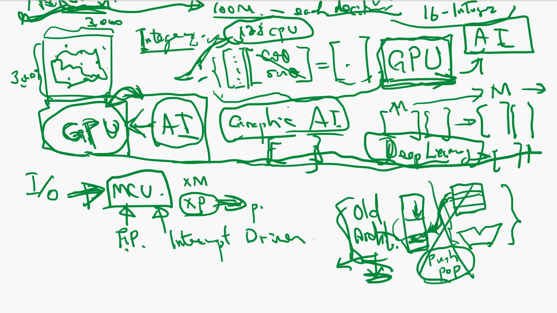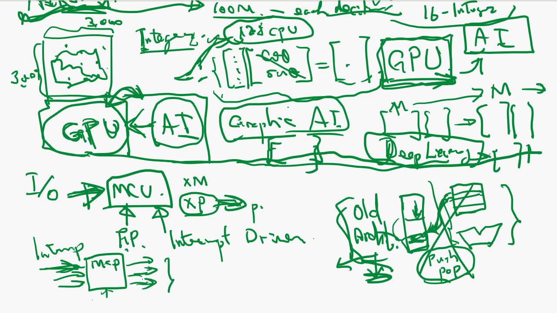You can have a very smooth interrupt driven CPU, MCU, and that means the MCU acts on any request from hardware immediately and executes the job right away.